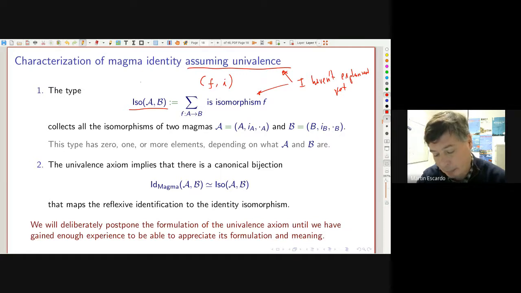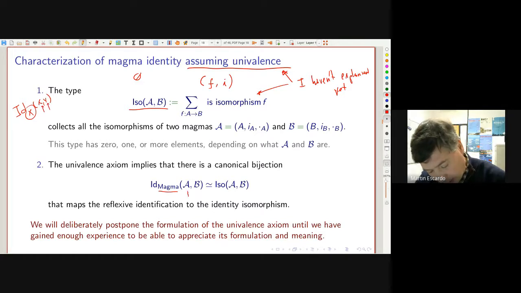This type can be empty, or it can have one element, or two elements, or infinitely many elements, depending on the magmas A and B. Now, if we look at the identity type, the one that we were discussing before, but now the type X is the type of magmas, and the two points X and Y are the magmas A and B, this type actually is in bijection with the type of isomorphisms.